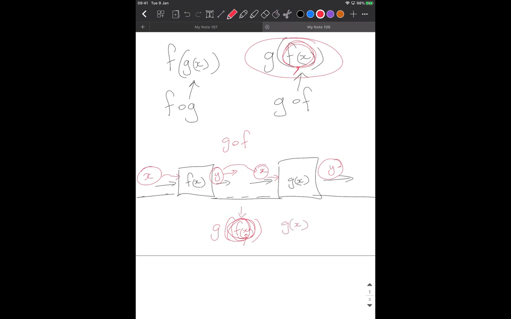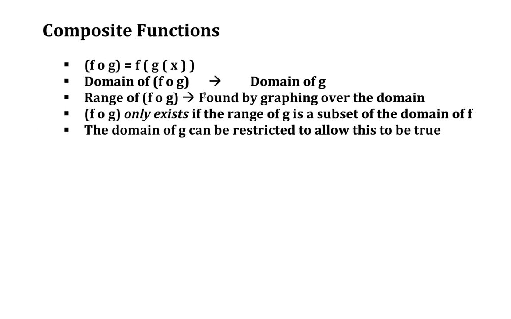This is the conveyor belt system that I think about. So the domain of the whole thing is just whatever values we can put into f of x. So the domain of f of g is the domain of the inside one.